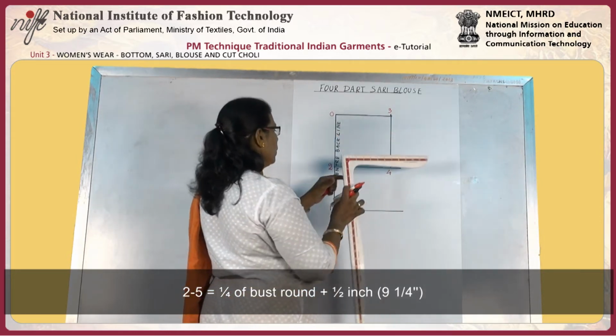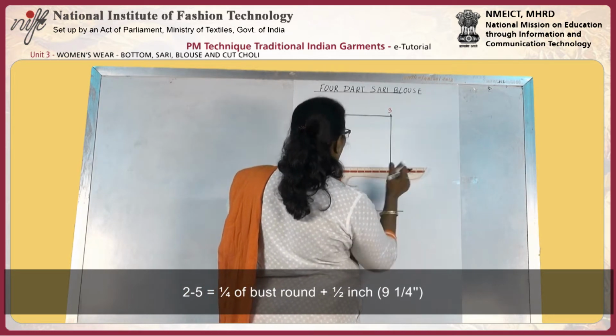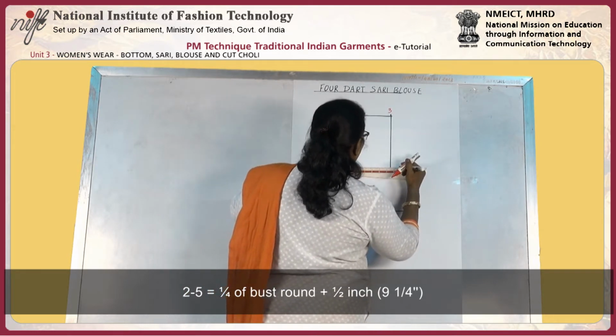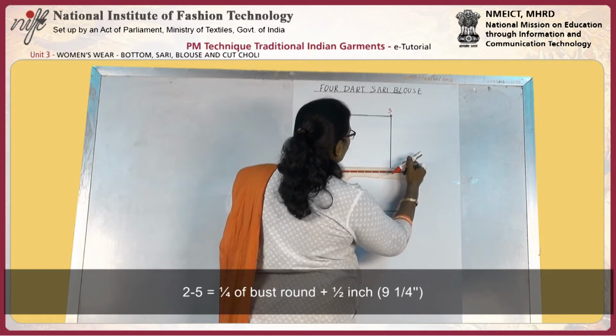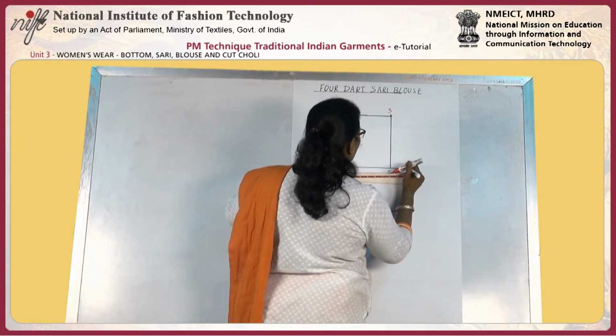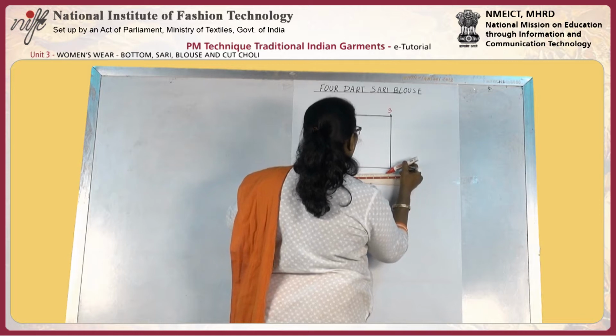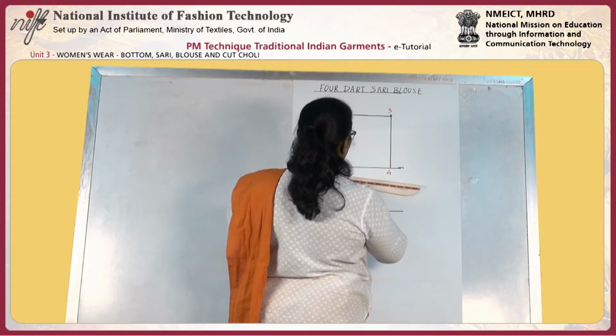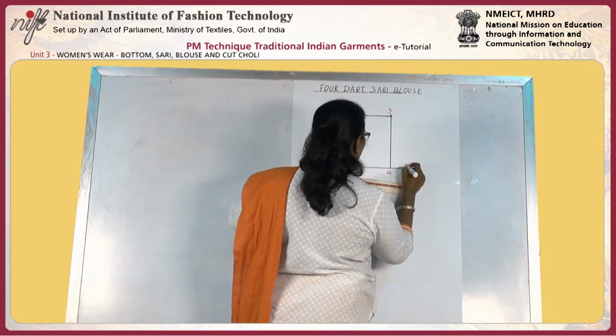So, bust by 4 is 8 6/8, plus half an inch is 9.25. So, mark 9.25, this is 5.